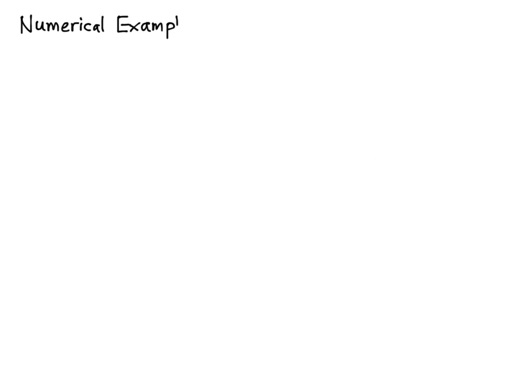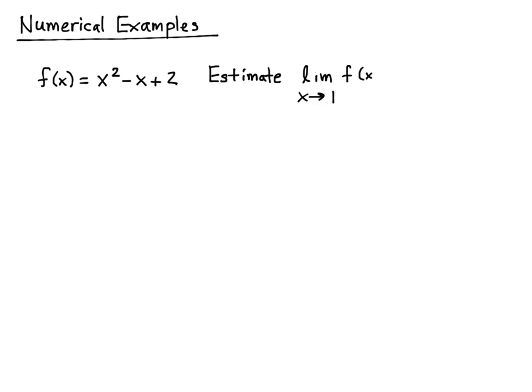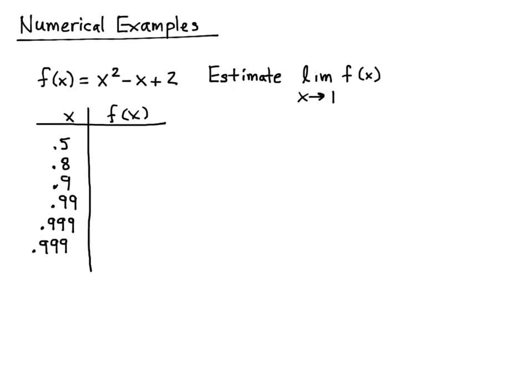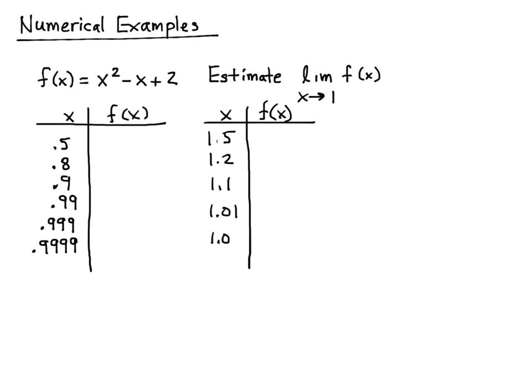So let's look at this numerically, what this looks like. Okay, so we have this function, a simple quadratic polynomial, and if I look at x going to 1, if I'm going from the left side towards 1, I can get closer and closer to 1. I can go from the right side and get closer to 1 by descending towards 1.